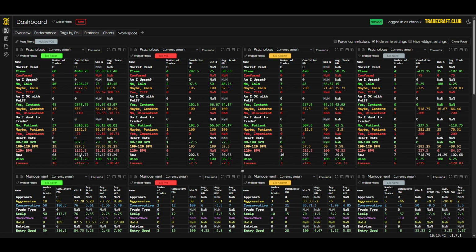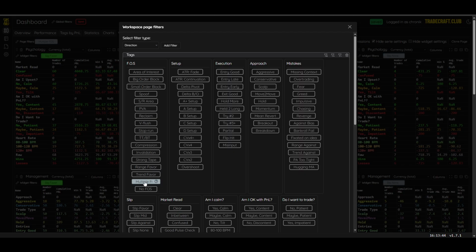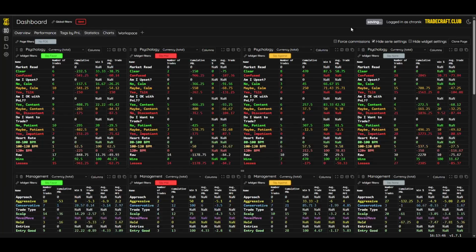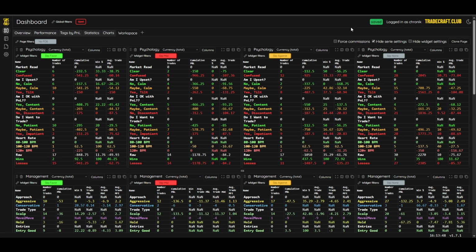Now put on the no. You're at 17, 14, 17, 30. With slip none, because again, slip none and no factors of support, I think, overlap.